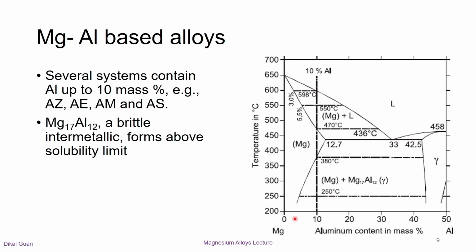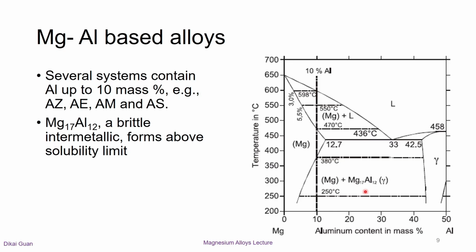In theory, Mg17Al12 should have a strong aging hardening response. However, the strengthening effect is not as high as we expected. The main reason for this is that Mg17Al12 is coarse and normally forms on the basal plane, which cannot hinder the dislocation movements effectively.